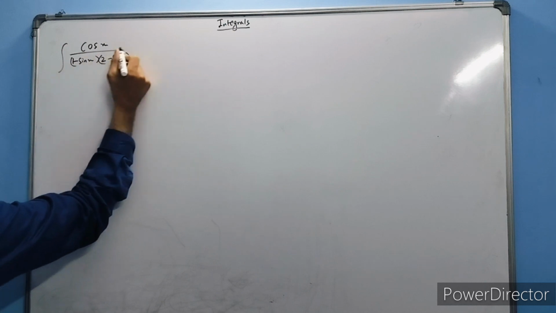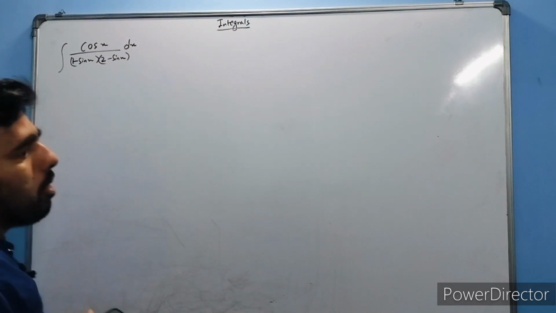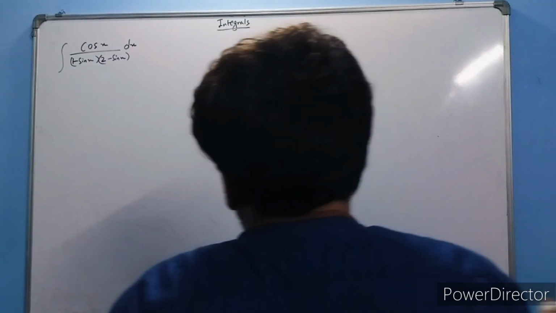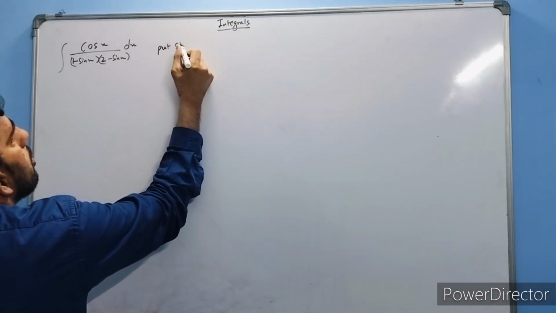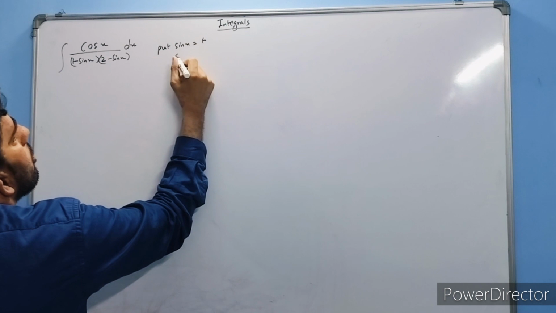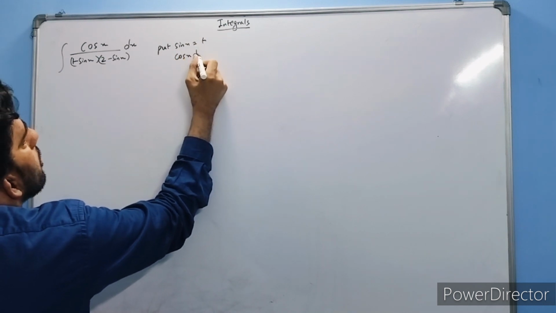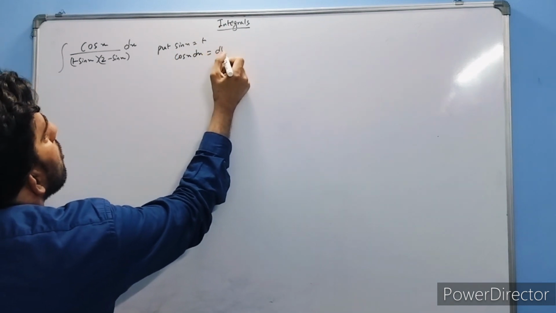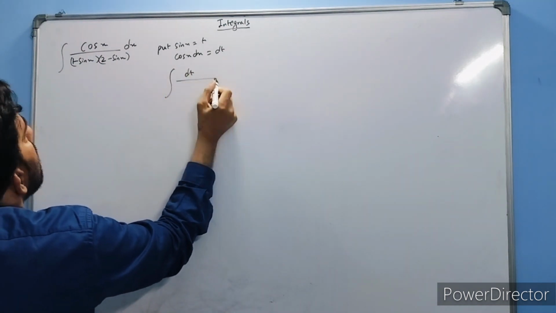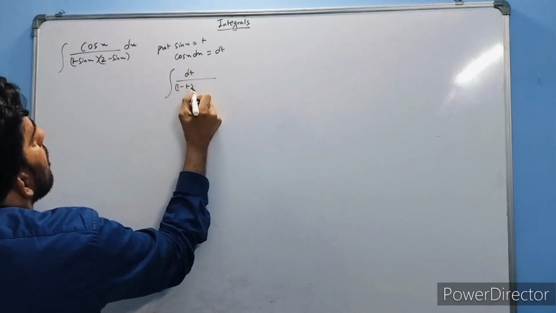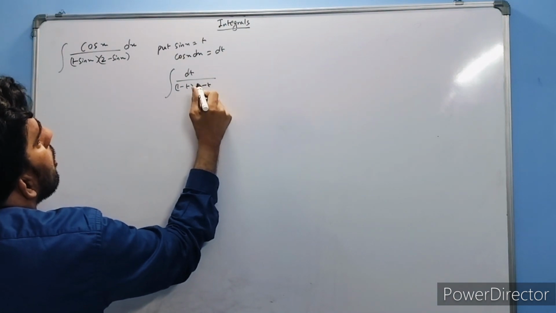Okay, so now what we can do here, let's try to sort it out. Put sin x is equal to t, so that cos x dx is equal to dt. So what I got here is dt upon (1 minus t)(2 minus t).